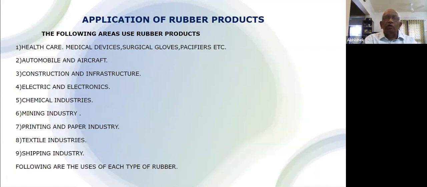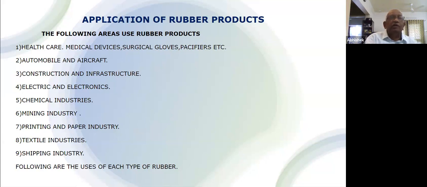Till now, we have discussed everything about basic rubber, what compounding is, what master batch is, and how they are made. Now we'll go to the next slide, where we'll see some of the applications of the rubber process. As Viraji told in the beginning, there is no area where rubber does not have its presence.